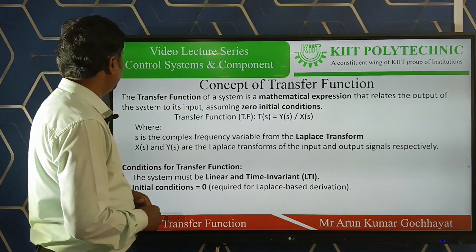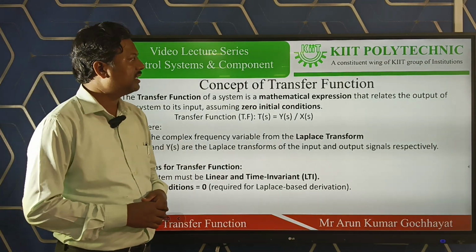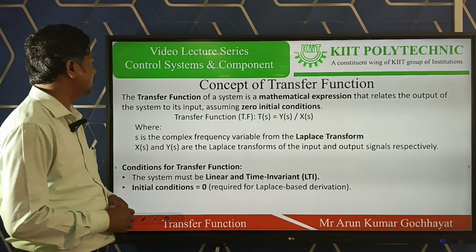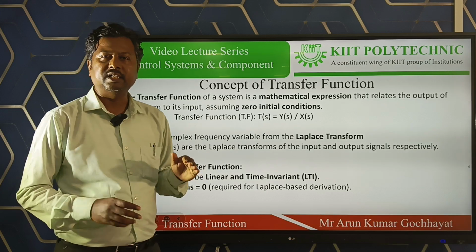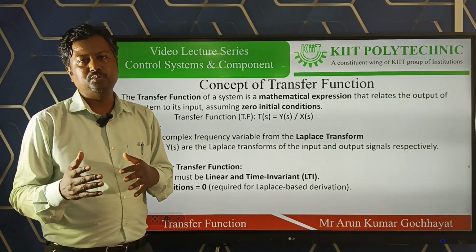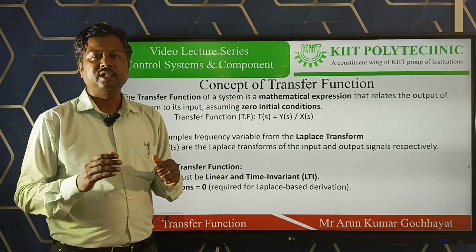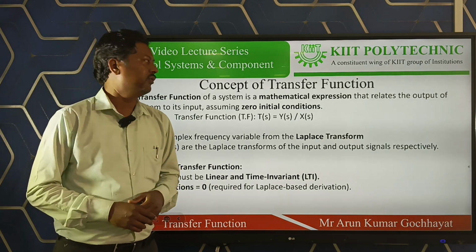As it is written over here, the transfer function of the system is a mathematical expression that relates the output of the system to its input, assuming zero initial condition. Zero initial condition means system variables are at zero. That means input, output and intermediate variables are at zero condition before applying the input.